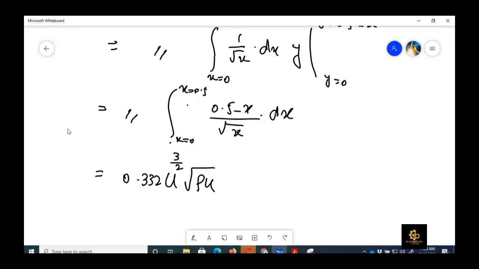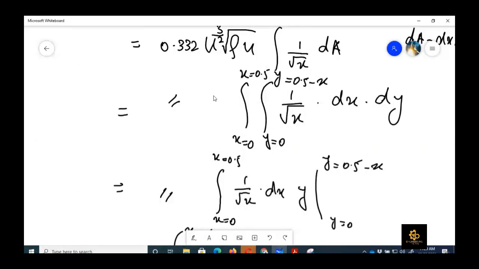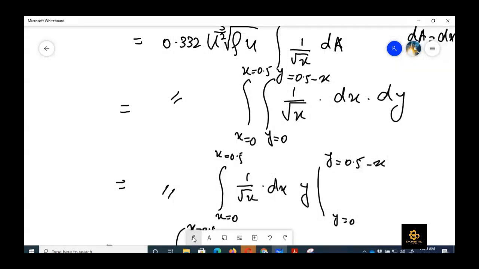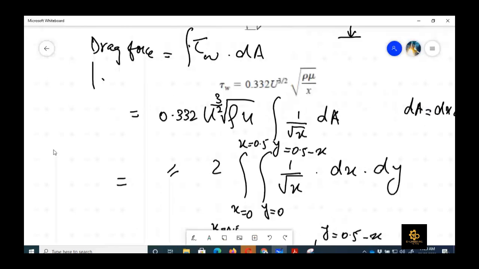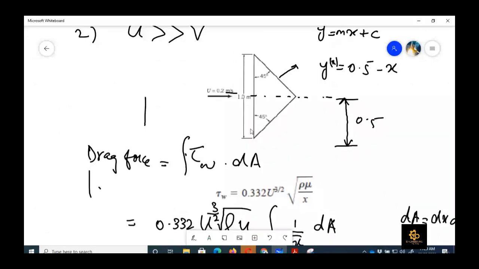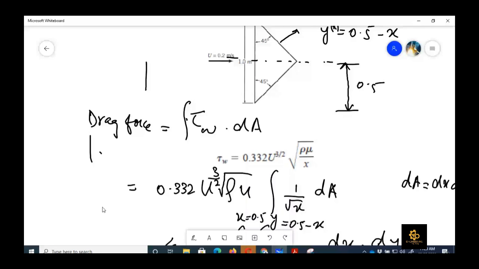one thing which needs to be mentioned here, that because now here we have put 0.5 minus x, which is basically the half of the plate, we would multiply it with 2 because of the line of symmetry here. I told you, this is the line of symmetry, so this integration we are doing is up till only half, so that's why we need to multiply it with 2 when we put the limit, from dA to dx dy.